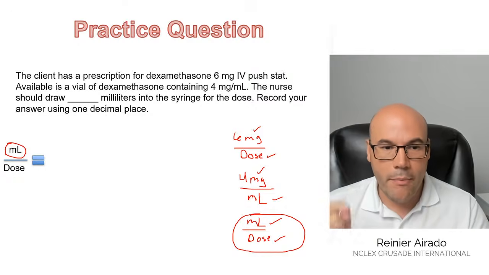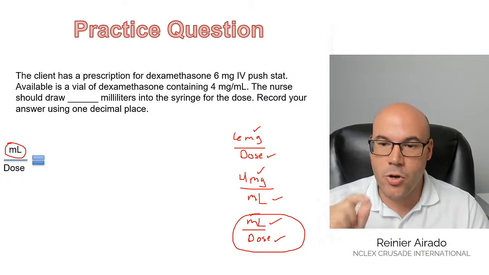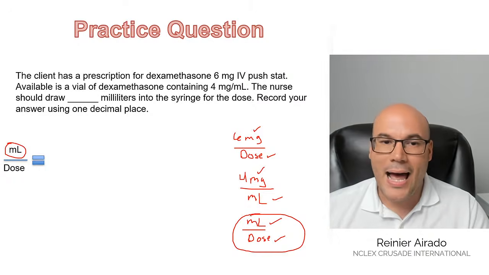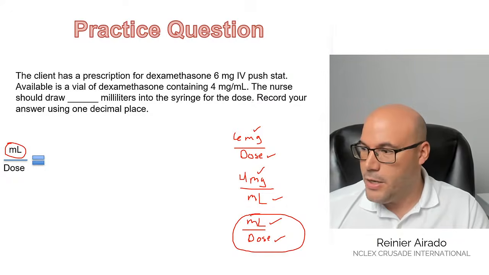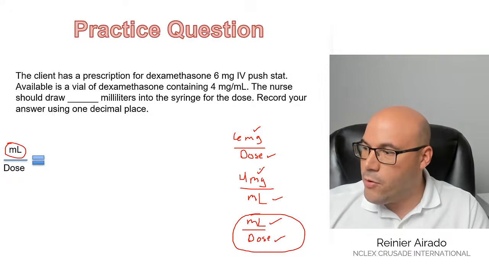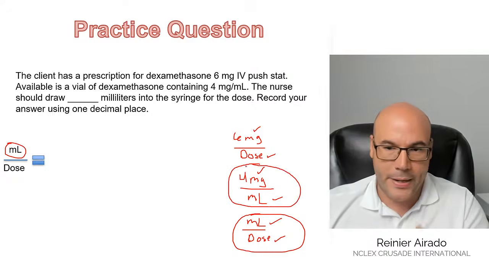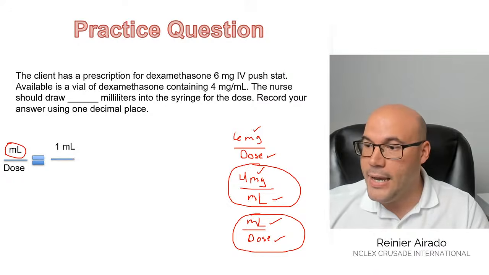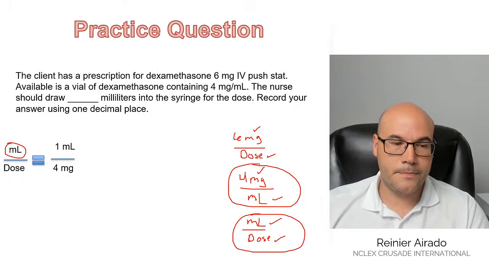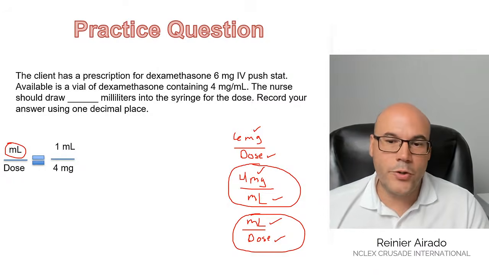But we have to remember the rule. I need milliliters in the numerator. So what I will do, I have to flip the fraction. So this one, 4 milligrams over milliliters, I will flip it. And it would look like this: 1 milliliter over 4 milligrams. And you may ask, Professor, why do I have to do this flip?